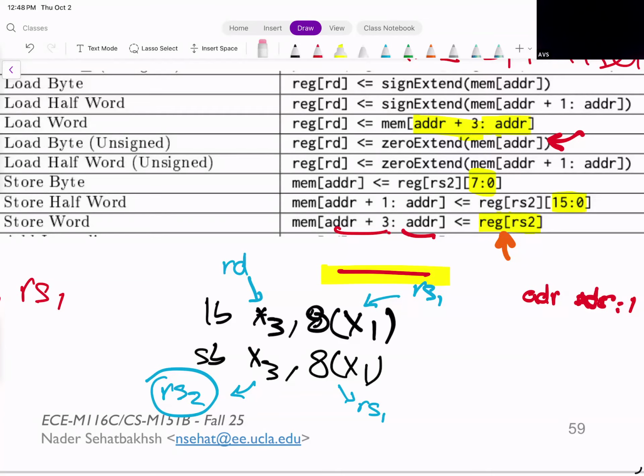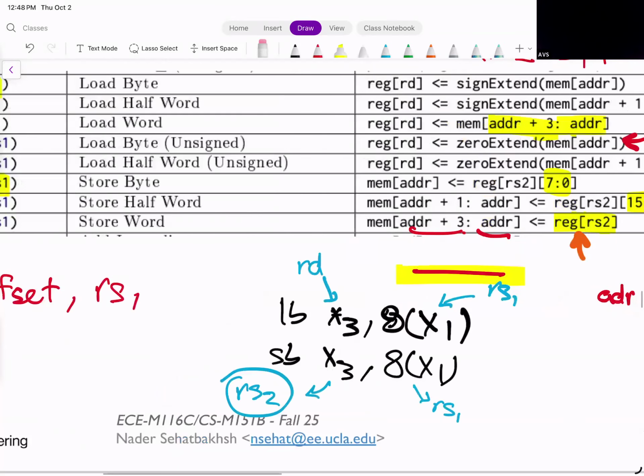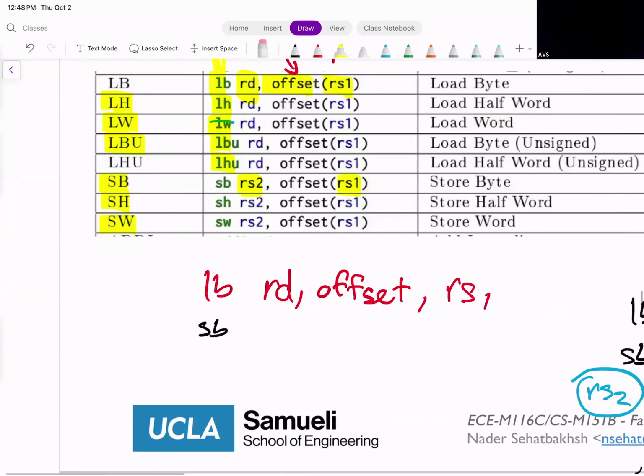Store half word, sure. So what's going on? You want to first compute the address. You compute the address by taking RS1 and adding it with the offset; that would be your address. Then you take whatever value is stored in RS2 and write it to that address.